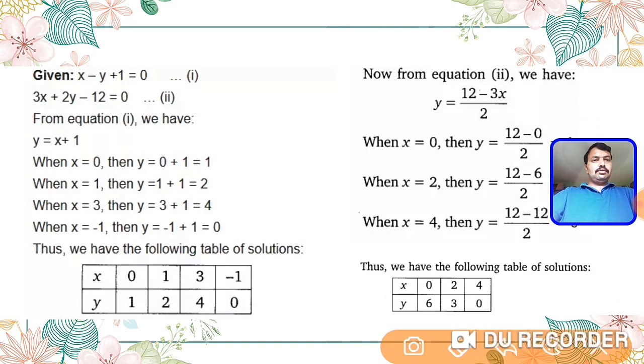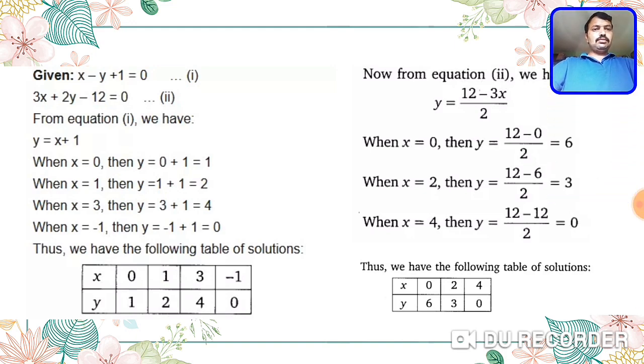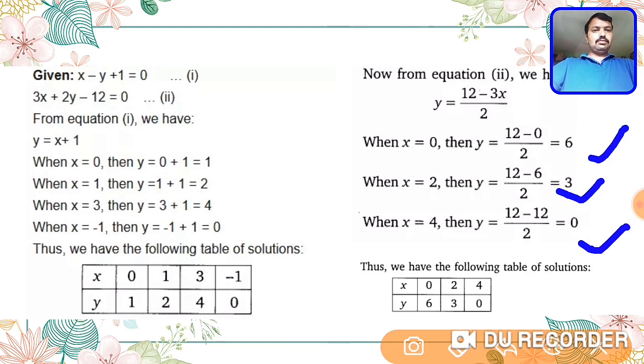That means, first of all, find out the value of y. Then put x equals 0, y will be 12 minus 0 upon 2, which equals 6. In the same way, you have to form the table for equation 2.